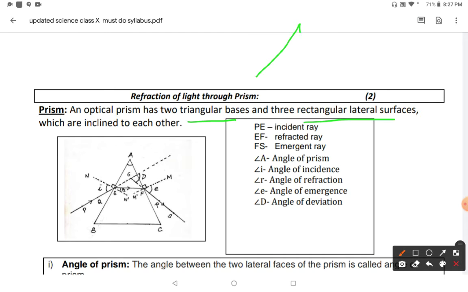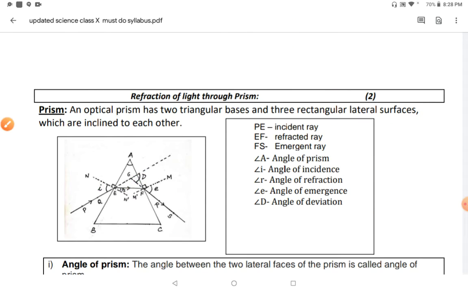A prism is just like a triangle, and these are the three sides A, B, C. This ray PE is called the incident ray, EF is the refracted ray, FS is called the emergent ray, angle A is called the angle of prism, angle I is called the angle of incidence, angle R is called the angle of refraction, angle E is called the angle of emergence, and this angle capital D is called the angle of deviation.